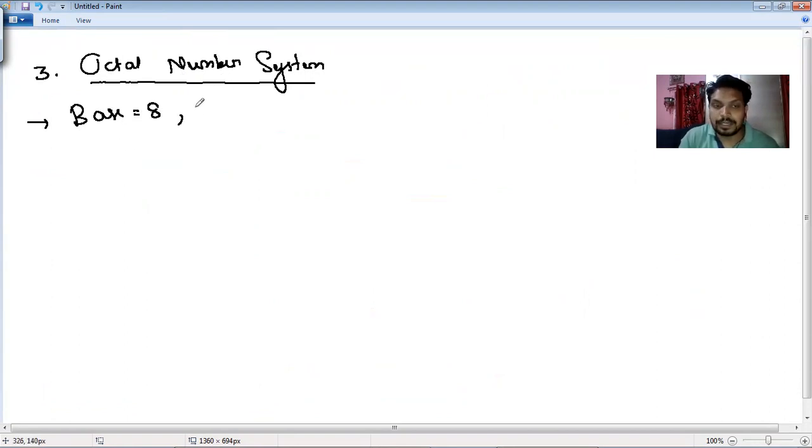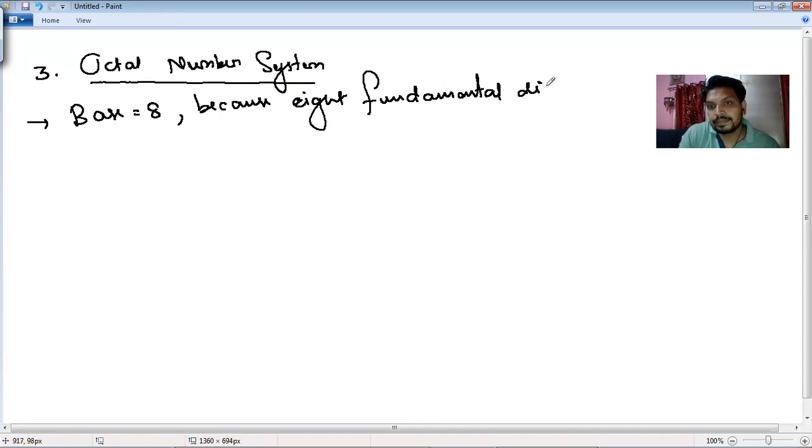Because 8 fundamental digits are used in this number system.